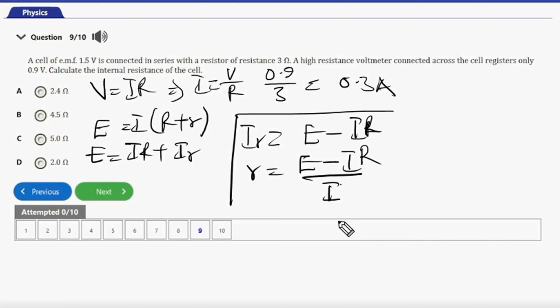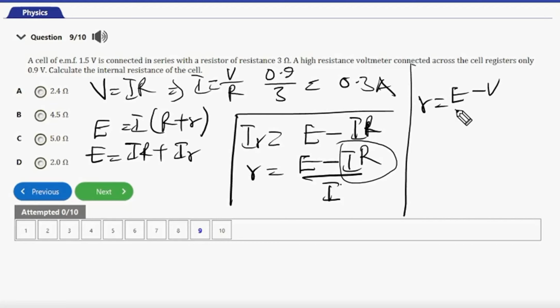But then, since V is equal to IR, we can actually replace this with V. So in this case, we are going to have r is equal to E minus V over I. So in this case, we are going to have r to be E is 1.5, so 1.5 minus the voltage 0.9, and then this will be over the I, which is 0.3.